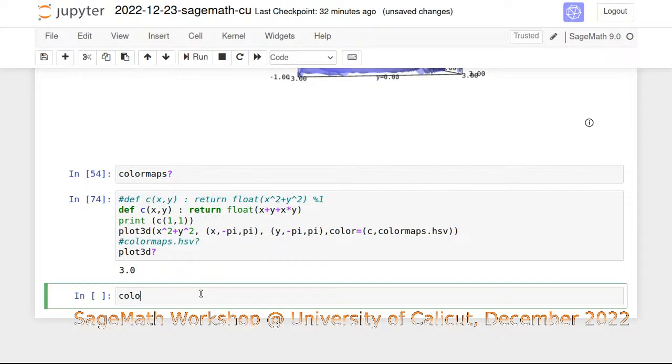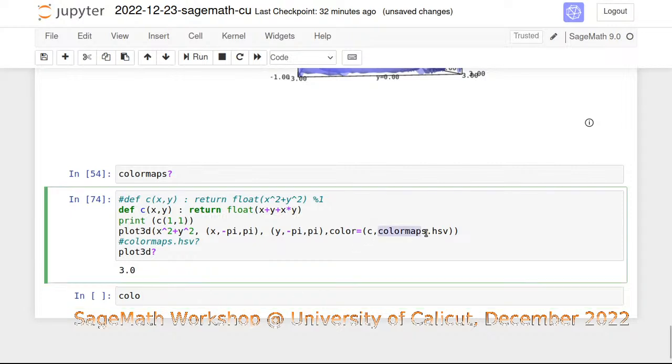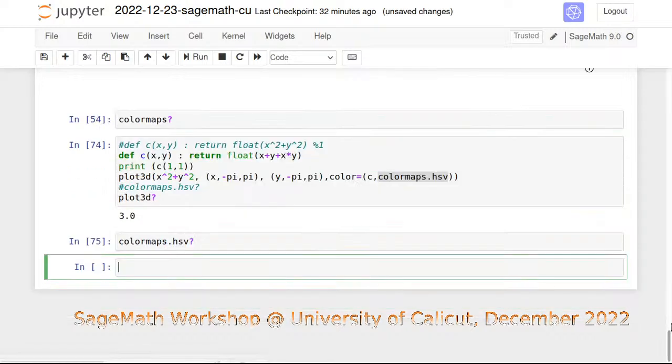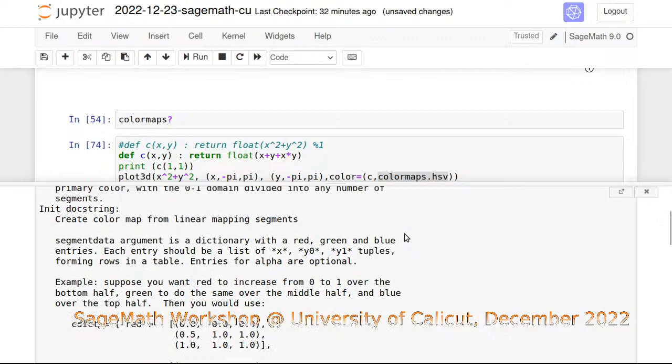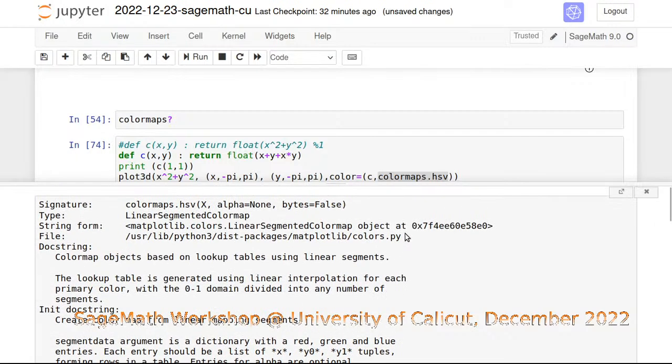The documentation of color maps HSV is not very user friendly. If we just ask for the color maps HSV, what it says is that it is some kind of coloring. That's it. HSV. What's going to be H, S and V? So this is H, probably S, V, linear segment color map.